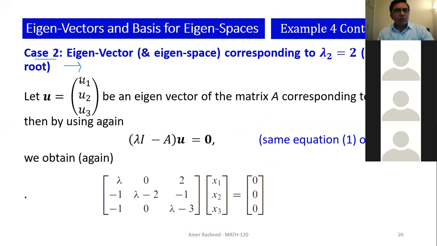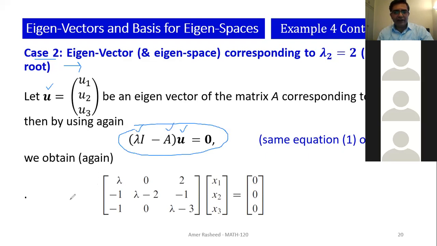Now let u1, u2, u3 be an eigenvector corresponding to lambda 2 is equal to 2. We use again this equation, lambda I minus A times u is equal to 0, where we insert the value of u from here, we insert the value of lambda, which is lambda 2 is equal to 2, and we insert the value of A.